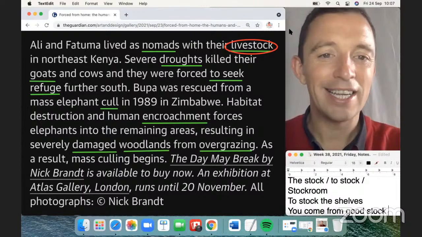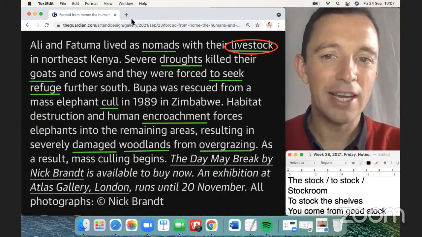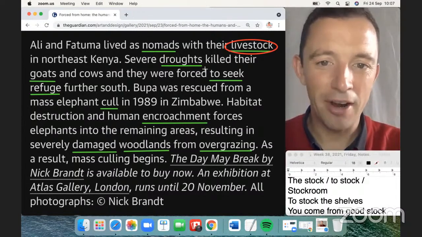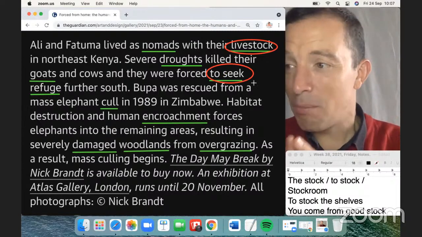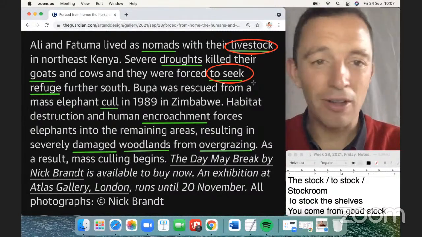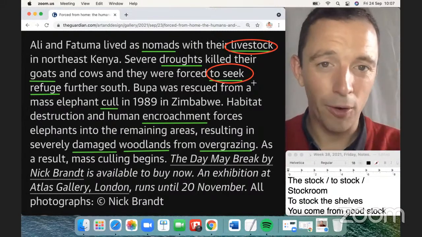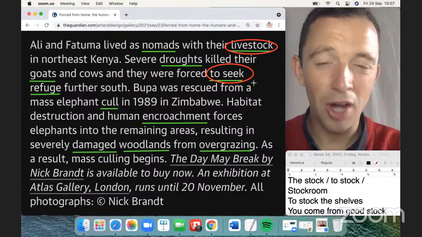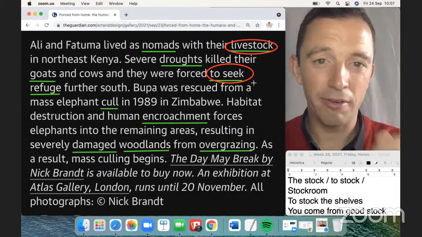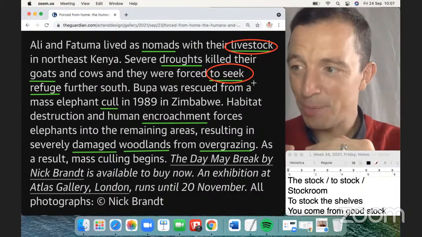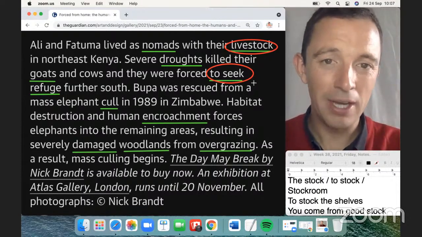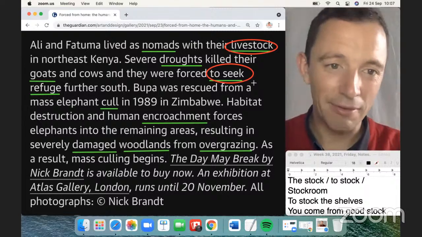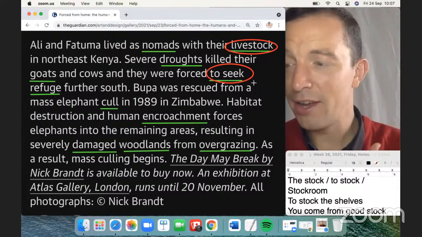Okay, the next word is interesting because it is a verb, to seek. This is very important and it's more advanced. The general explanation is to look for. I'm looking for a job, looking for a house, looking for help. That's general. A little more advanced, you are seeking a job, seeking a house, seeking a friend, etc. Looking for.